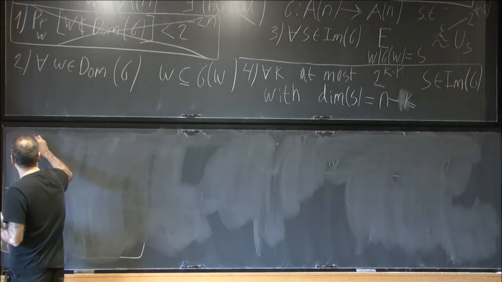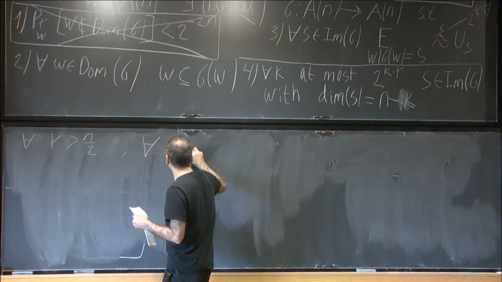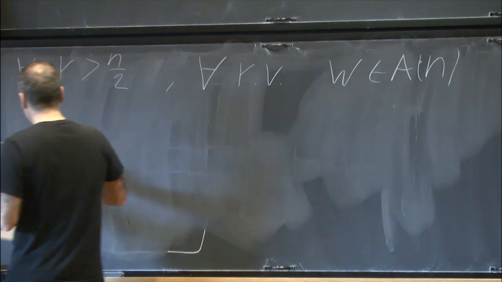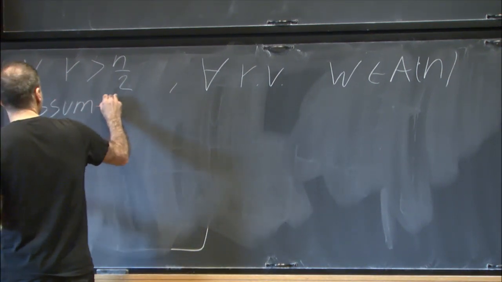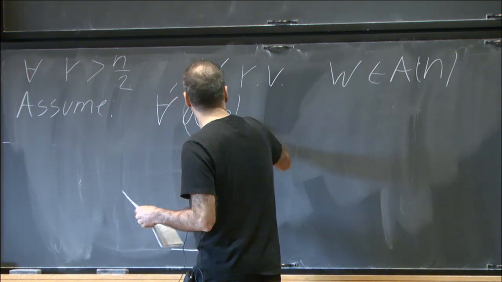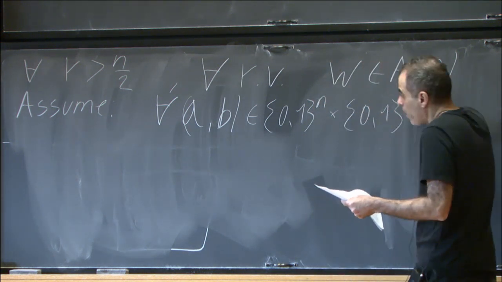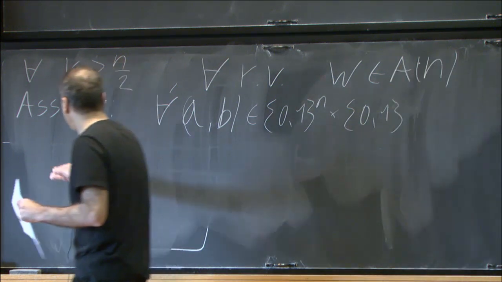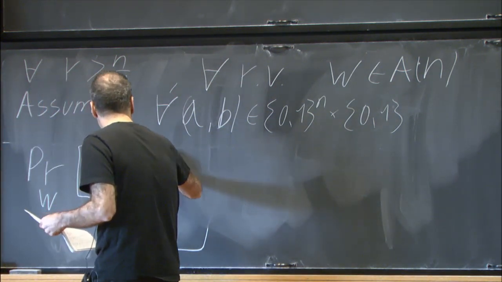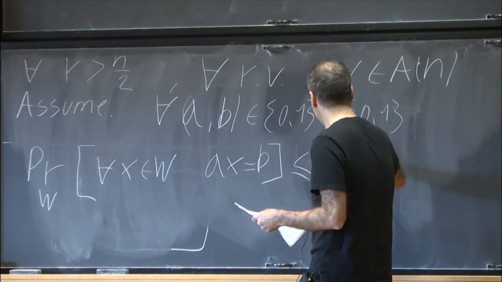So for any r larger than n over 2, and for any random variable W over A_n, this is exactly as before, assume that for every a, b in {0,1}^n times {0,1}, for every equation ab, the probability over W that for every x in W, ax equals b is smaller or equal to 2 to the minus r.